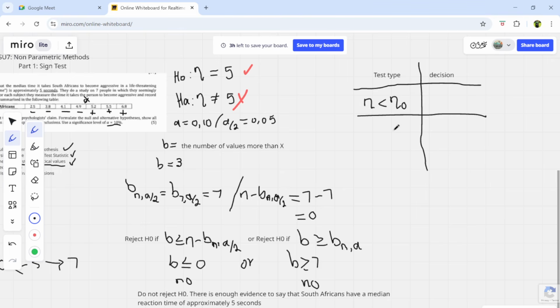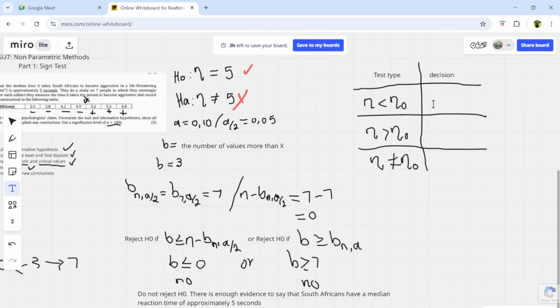Let me write all three of them. This is when n is greater than the main claim, and this is where n is not equal to the main claim, so it's two-sided.